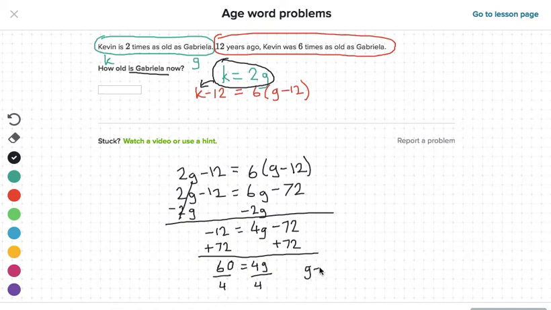So G equals 15. So Gabriella is 15 years old right now. Okay, so I think that's enough for you to go by. Remember that each sentence here is an equation, and the words like "is," "times," and "older than" or "younger than" are your indicators to equals, multiplication, plus or minus. Okay, give it a shot for yourselves. See how you get on.